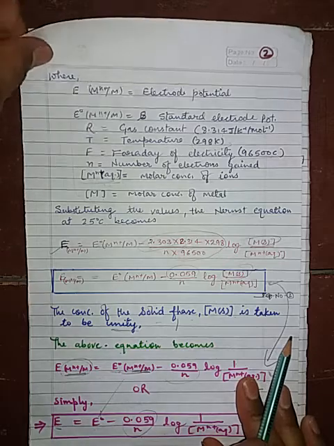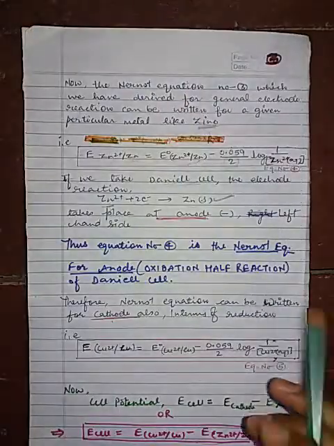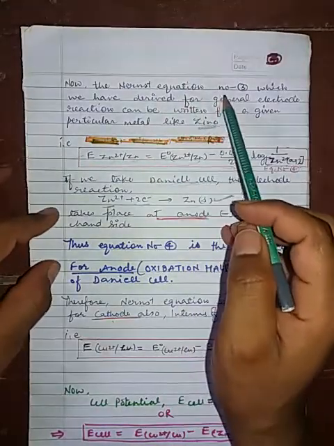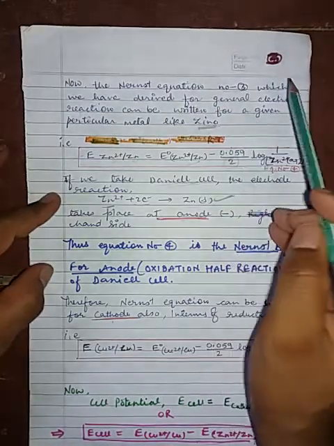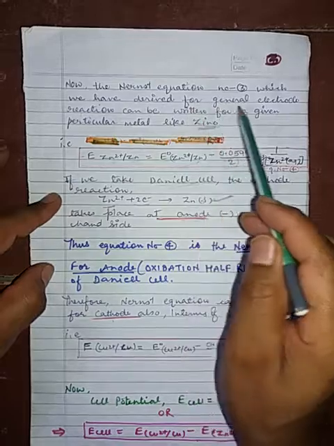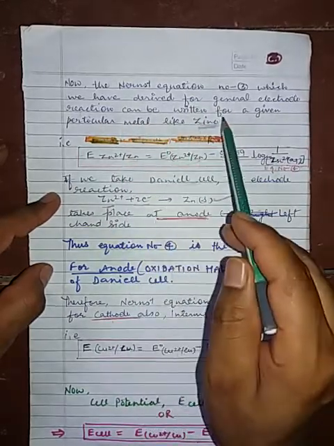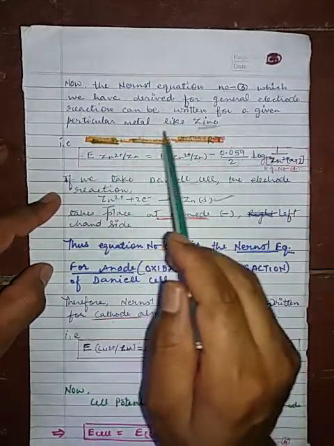Now come to the next page of this very important topic, the Nernst equation. Equation number 3, which we derived from the general electrode reaction, can be written for a particular metal.